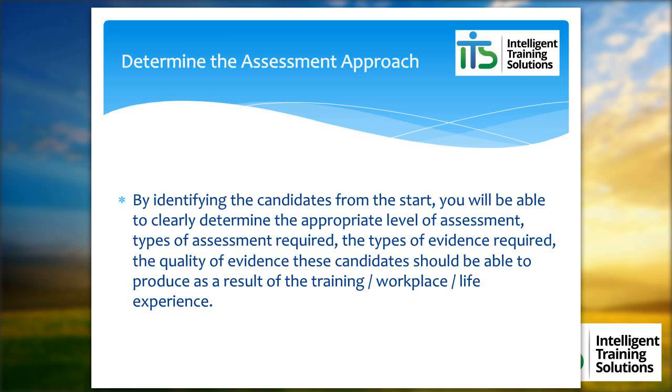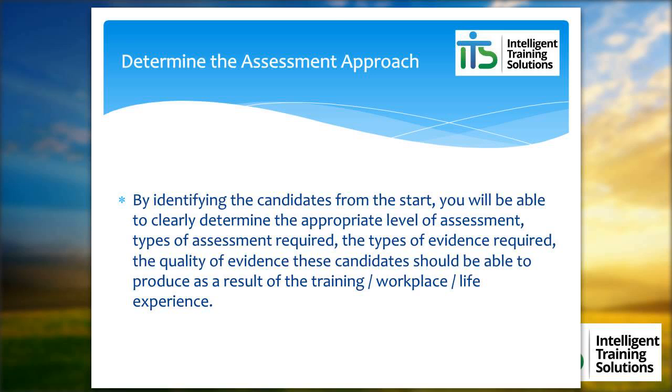By identifying the candidates from the start, you'll be able to clearly determine the appropriate level of assessment, the types of assessment required, the types of evidence required, and the quality of evidence these candidates should be able to produce as a result of the training, workplace, and life experience.